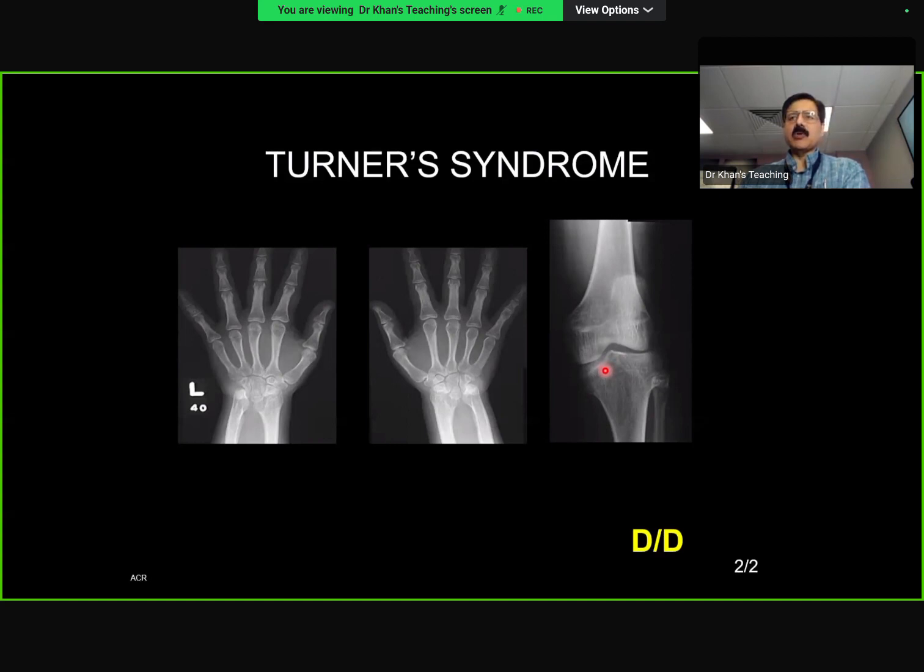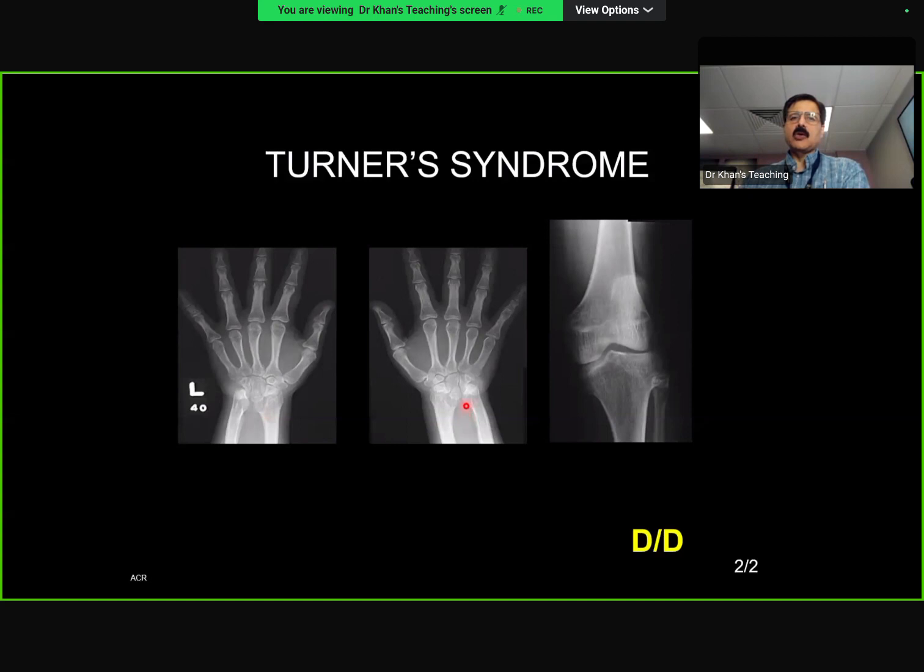Turner syndrome is important for the exam, particularly vis-a-vis two differential diagnoses. We have already covered it in congenital. The metacarpals, particularly the fourth metacarpal, can be smaller in size, and that's a very important differential. Second thing is Madelung deformity.